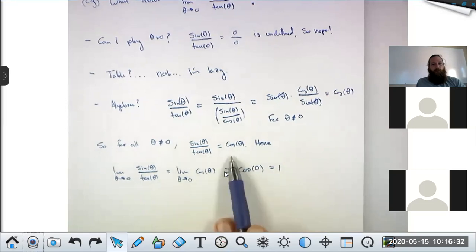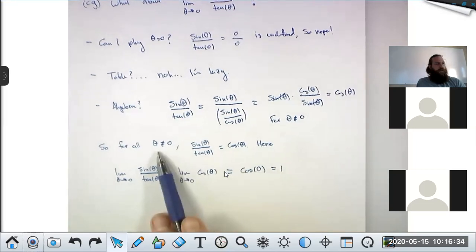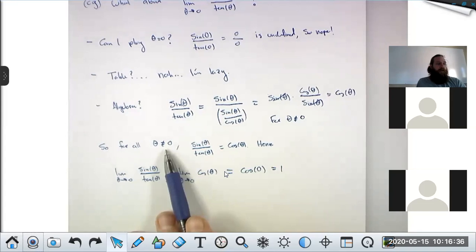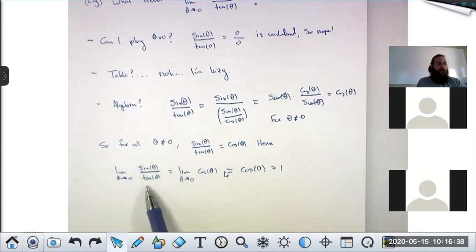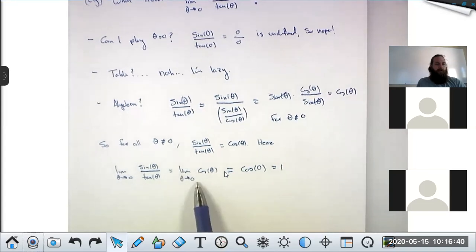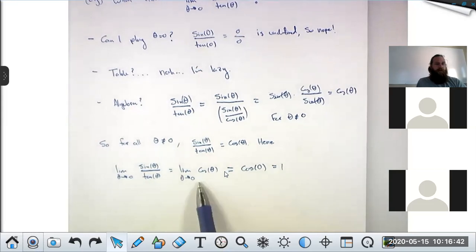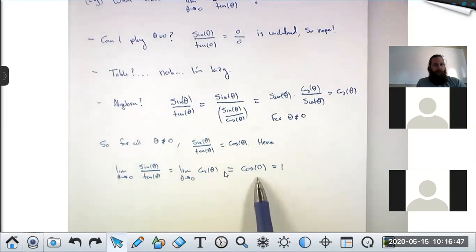And since they're equal everywhere except 0, including really nearby, the limit as theta approaches 0 for this has to be the same as the limit as theta approaches 0 for this. But this limit is easy to compute because it's continuous at 0. We just plug it in, and we get the value out. Nifty, right?